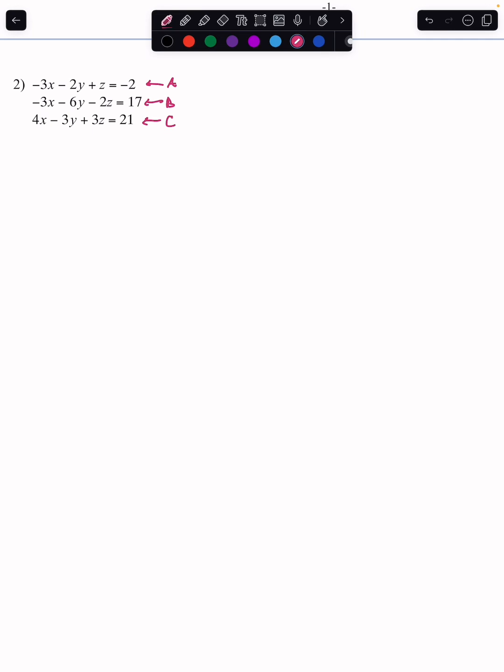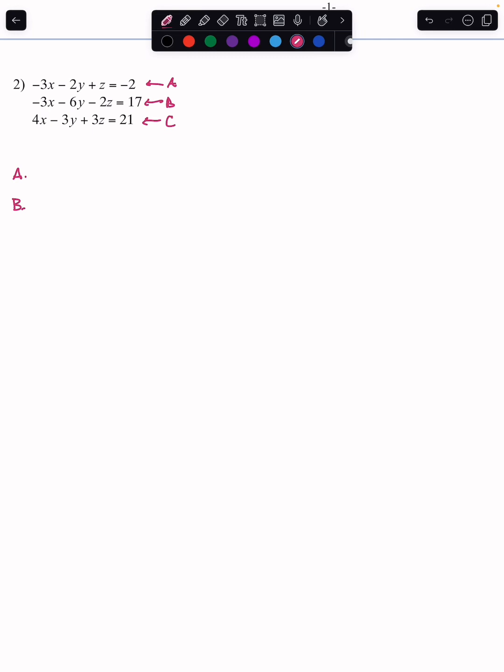So let's pick 2 equations. The 2 I want to use are lines A and B, because this just seems easier.